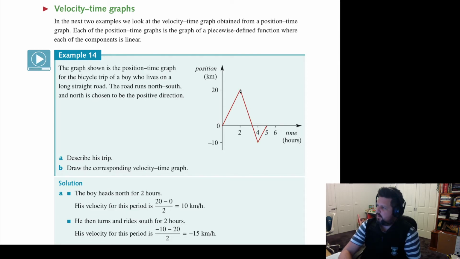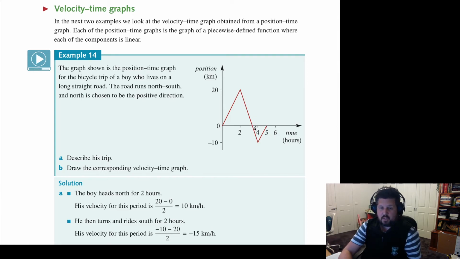From 2 hours to 4 hours, we can talk about what is going on. This is another 2 hours in time from here to here. We can see that he's now changed directions. He's heading in a negative direction, so he's heading south. And he does that for 2 hours, between the 2 hour and the 4 hour mark.